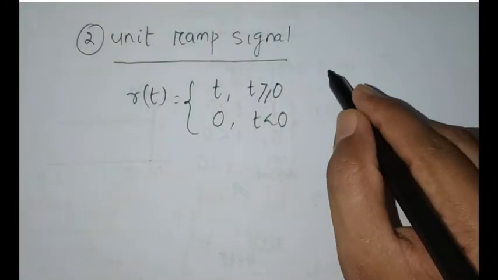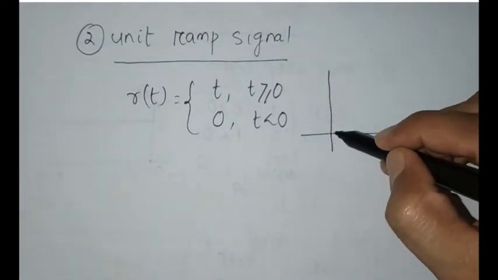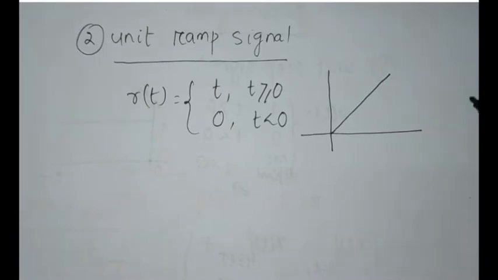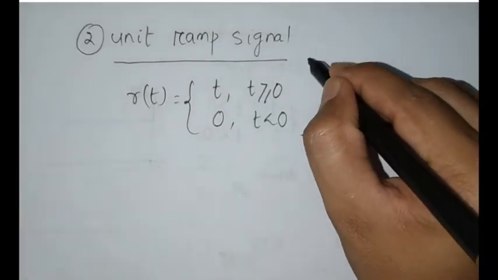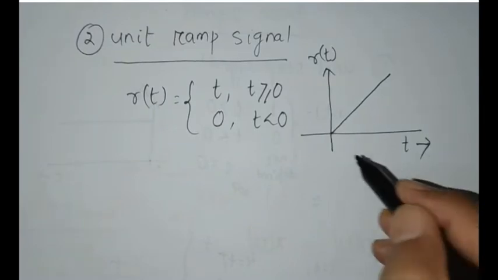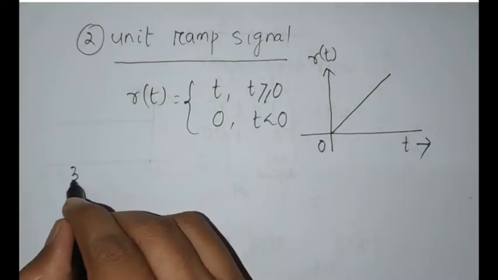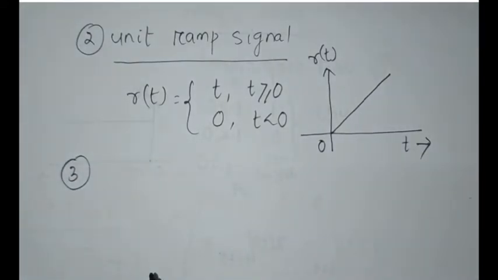If you represent it graphically, it is very easy. This is r of t, this is t. Clear?